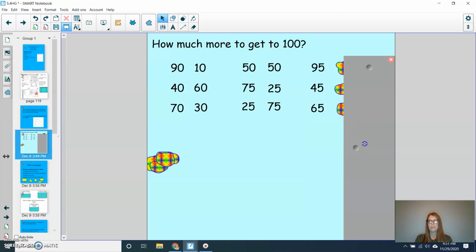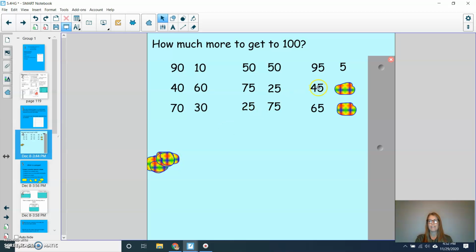Let's try 3 more. This time we have the numbers 95, 45, and 65. Can you write down how many more it would take to get to 100 for each of those 3? Press pause and then play to check. If you're starting at 95, it would take 5 more to get to 100.